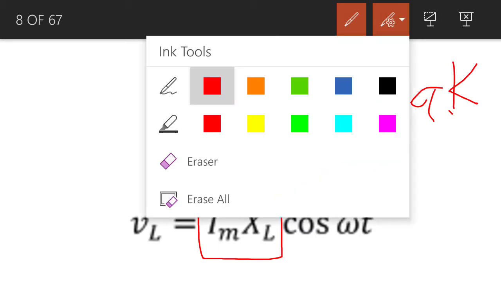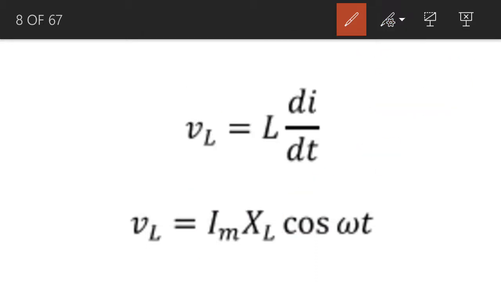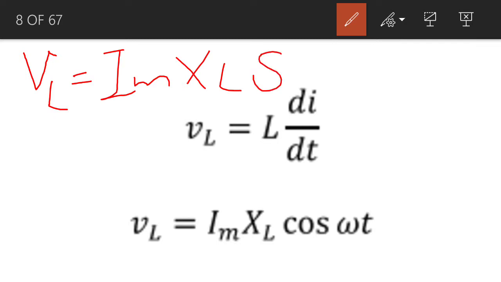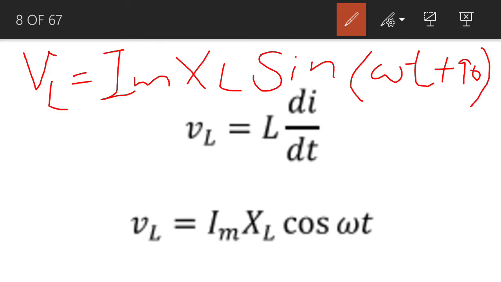And we can write down this equation in this form as well. The voltage across the inductor will be equal to the maximum value of the current into XL into sine of omega t plus 90.